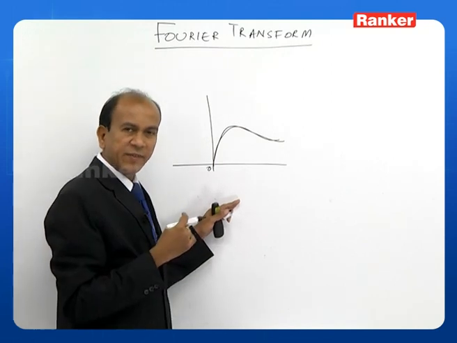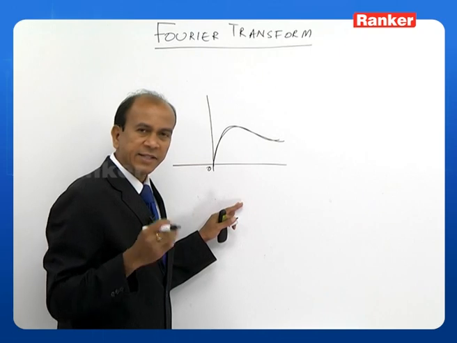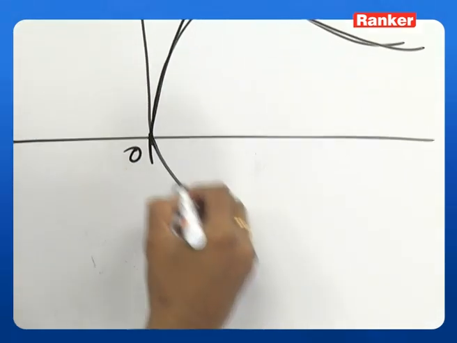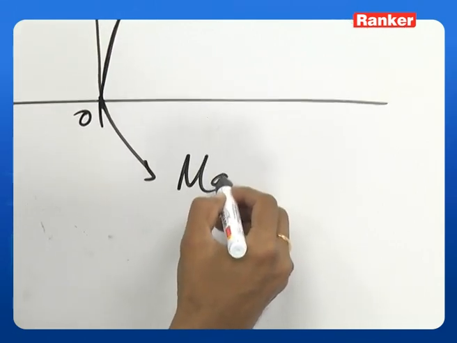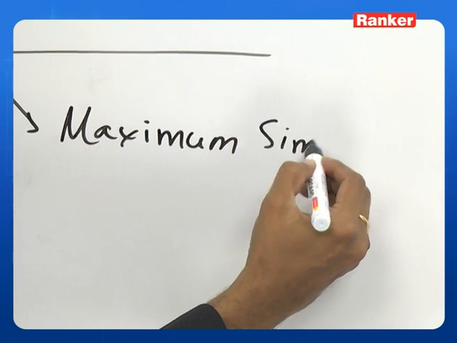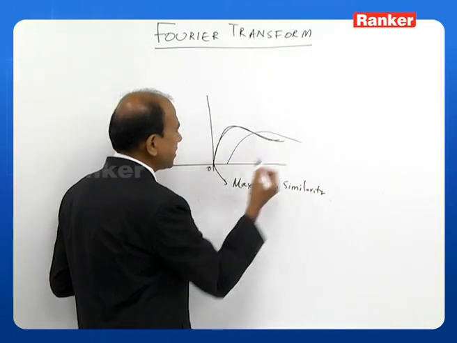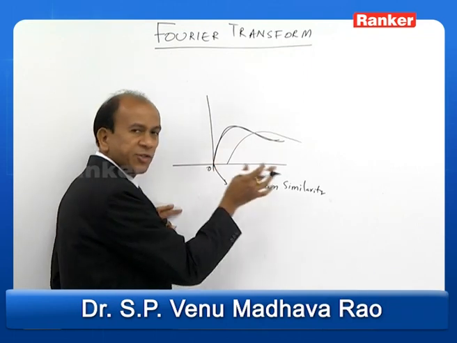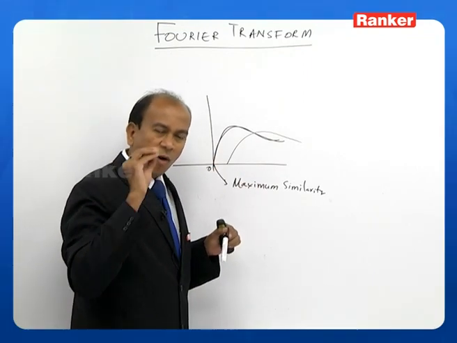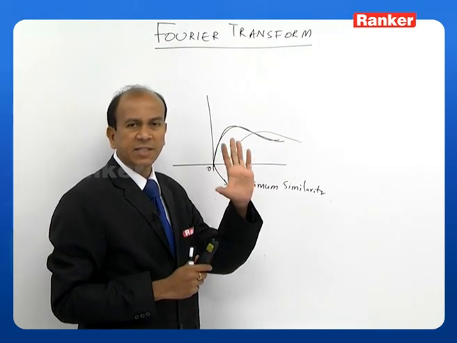That means the delayed version of the signal and the actual signal which is not delayed, that is tau equal to 0. The value will be maximum here, because the maximum means maximum similarity. Afterwards what happens? They change. When they change, the similarity tries to reduce. So, the value of Rg of tau at 0 will be the maximum value.